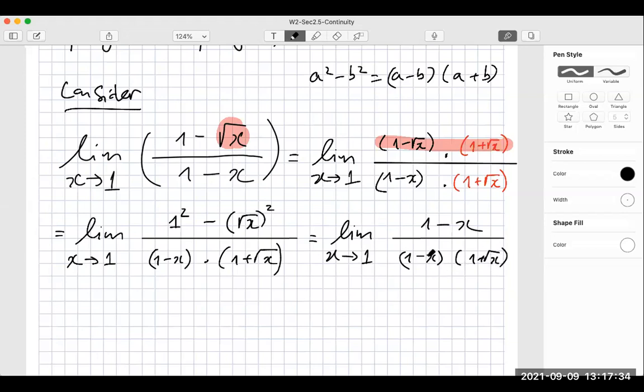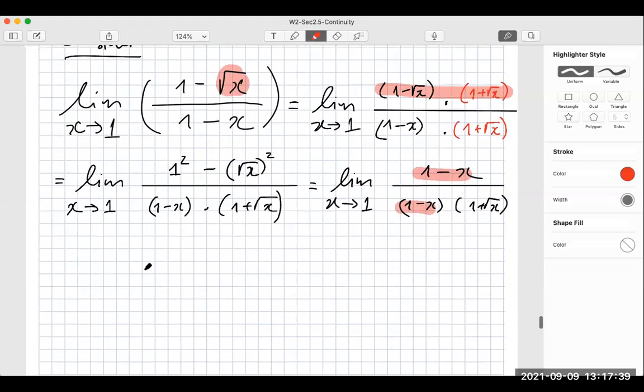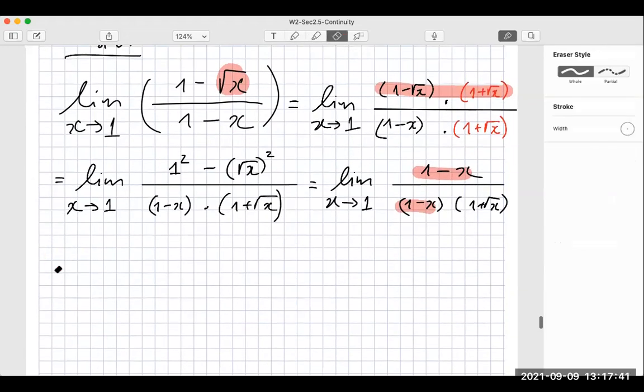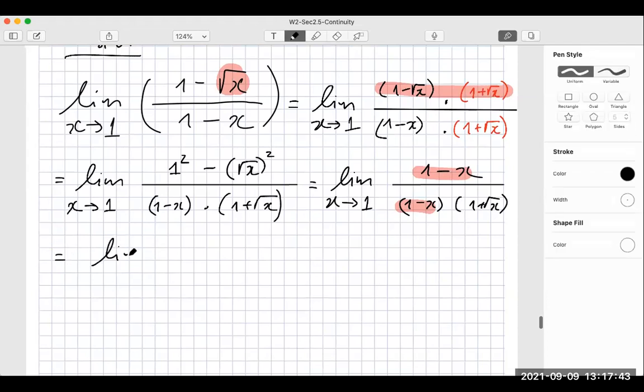Okay, then what should we do? Cancel out the 1 minus x. Beautiful, thank you. We cancel it out. Now, can we substitute it? Yes, it is defined at 1 now. It becomes 1 over 1 plus square root of 1, which is 1/2.